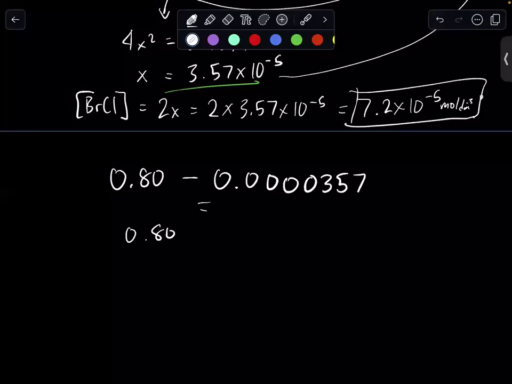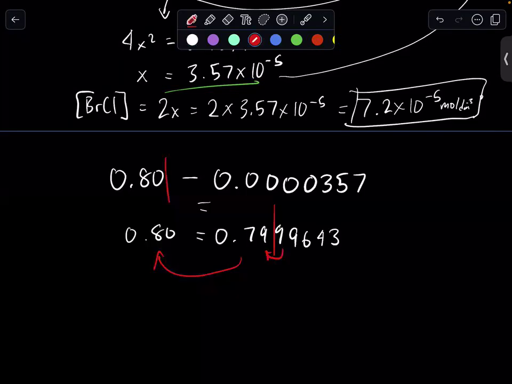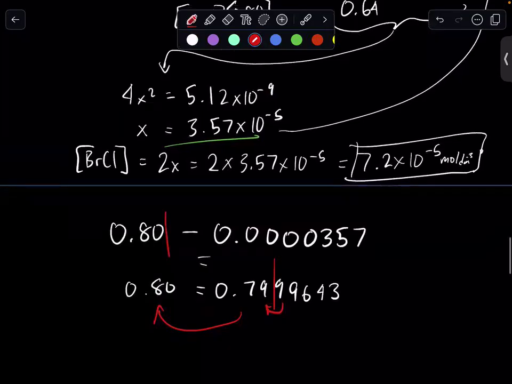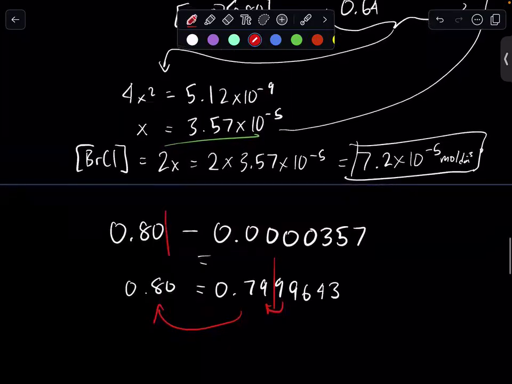Because if you put this in a calculator, what we're actually getting is 0.7999643. As far as we know, when doing significant figure math with addition and subtraction, we're going to be cutting off after the hundredths place, which when we round, we just get the exact same answer. So this is why when you have a Kc value so small, even though we're producing some products, we're not actually producing enough to shift the reactants to a meaningful change in concentration. So we can make that assumption.